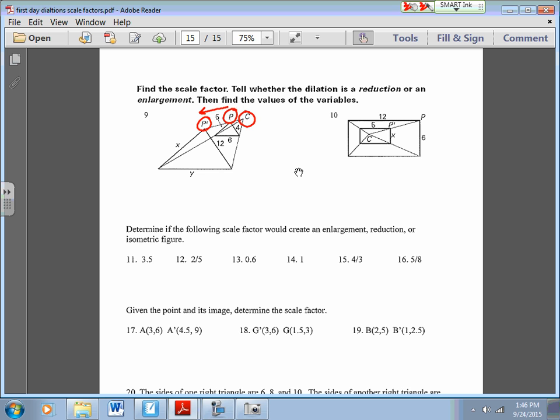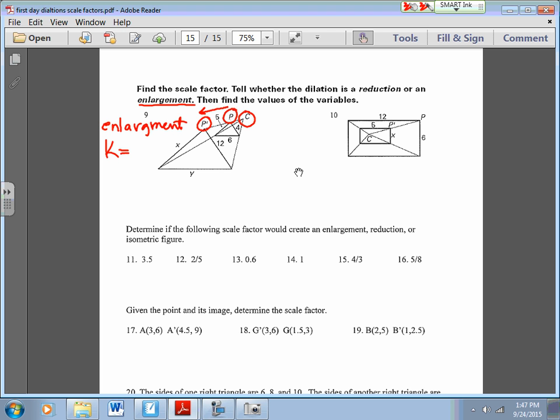Remember on the last class you guys had to highlight the new x and y axis off of a specific point? That's what that point is. That's where the center of dilation is. Okay? So it's an enlargement. I'm going to just put right here, enlargement.